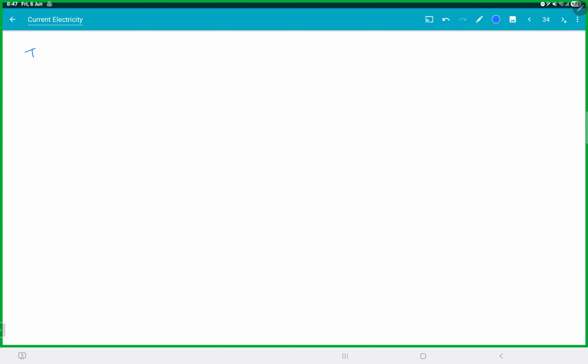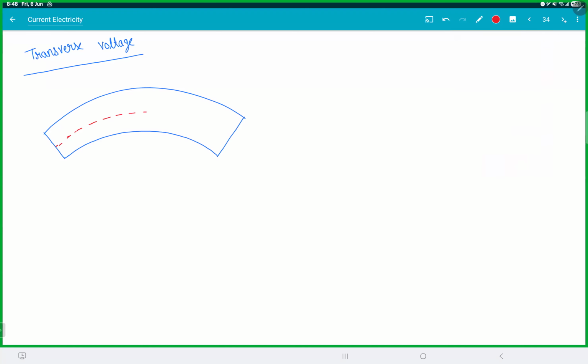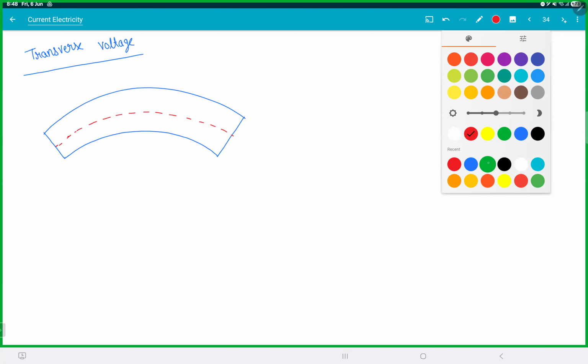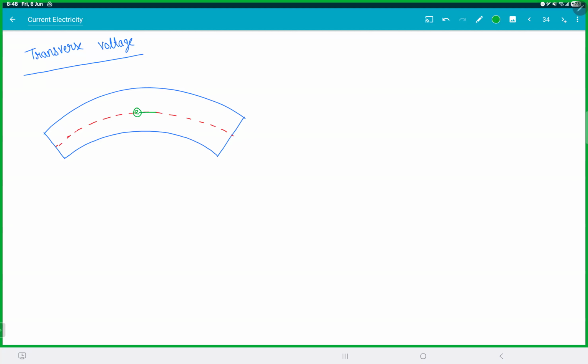So if you look at this, these electrons are going on a curve. Now, when the electrons start going with a drift velocity v drift, this will result in a centrifugal force. This will be the mass of the electron, m v drift square by x.